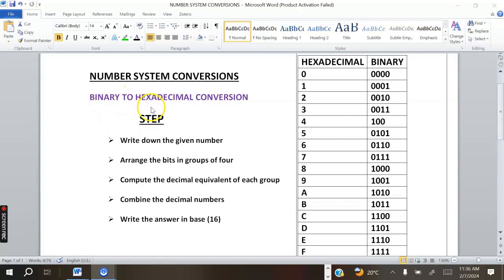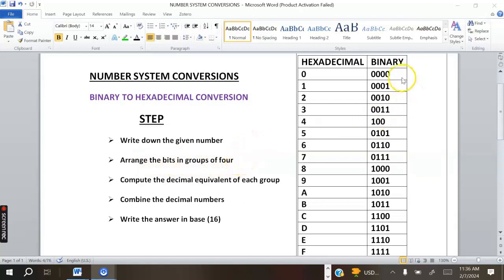So these are the steps that we take whenever we want to convert a binary number, that is 1s and 0s, to hexadecimal, that is from 0 all the way to F. Step one, you write down the number. Step two, you arrange the bits in groups of 4. This is the most important part.